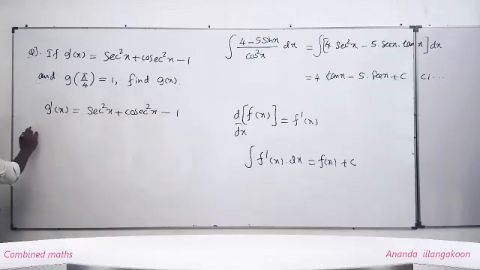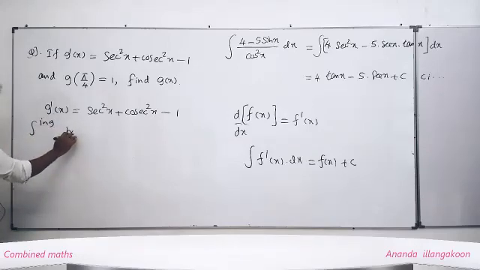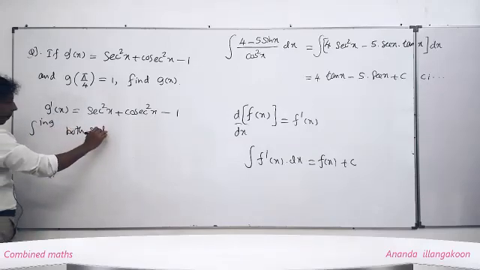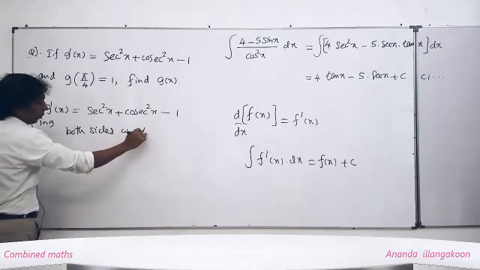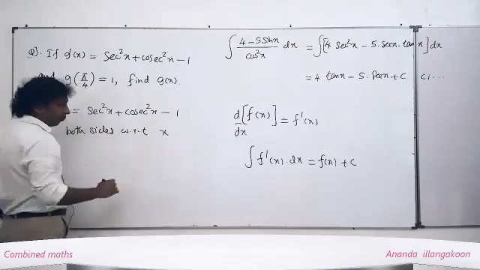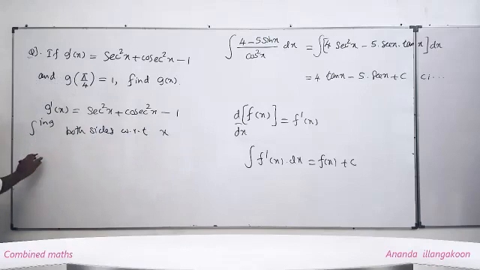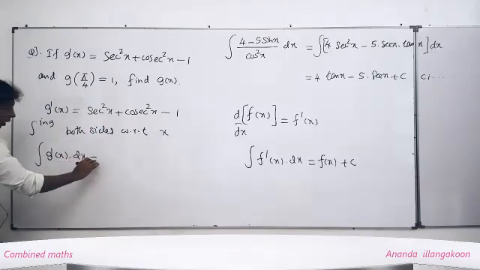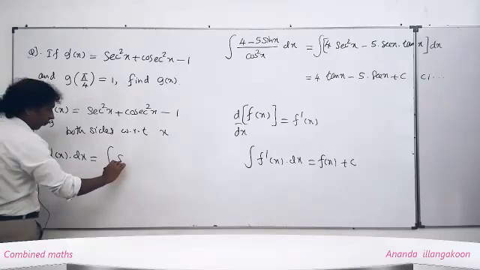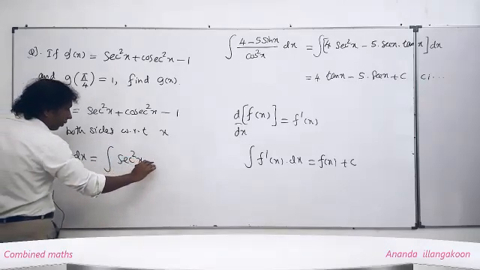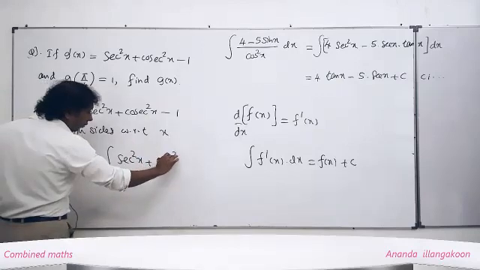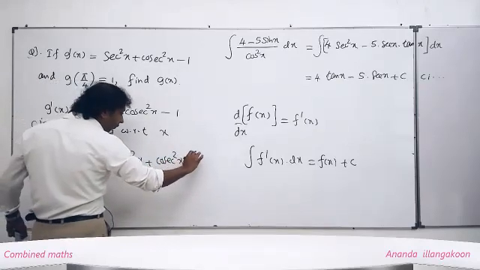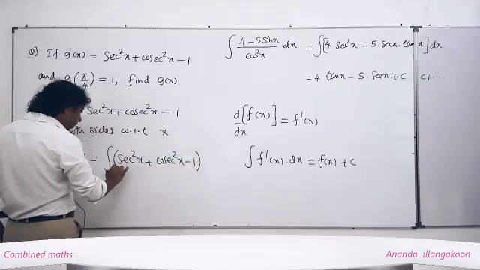Now I integrate both sides with respect to x. The left hand side gives this. The right hand side we integrate this way: the integral of sec squared x plus cosec squared x minus 1 dx.